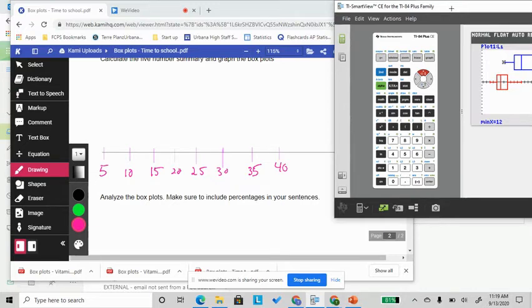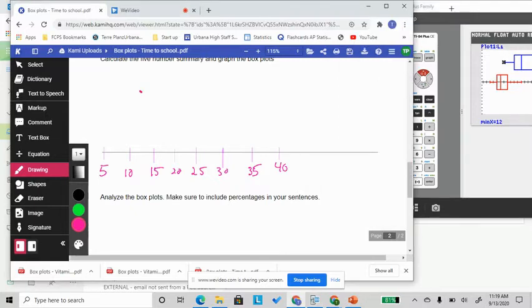So I'm going to do my first one, which is 12, which is a dot, and then 15, my Q1, and then 17, and then 22, and then 32.